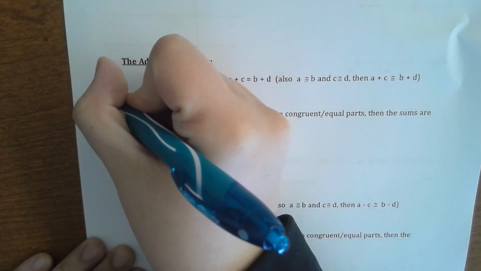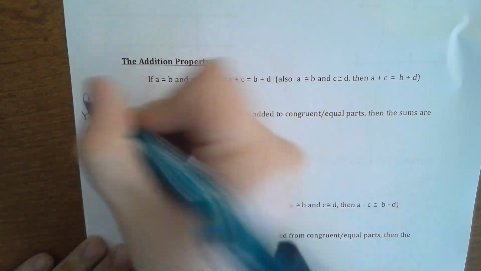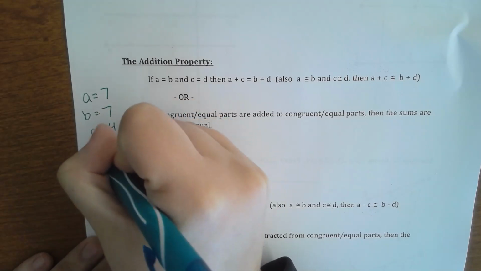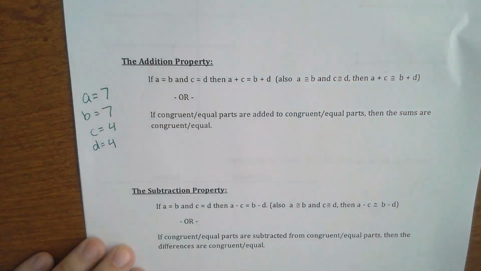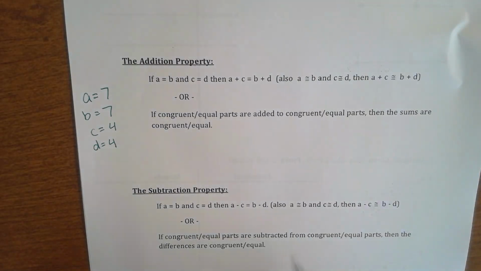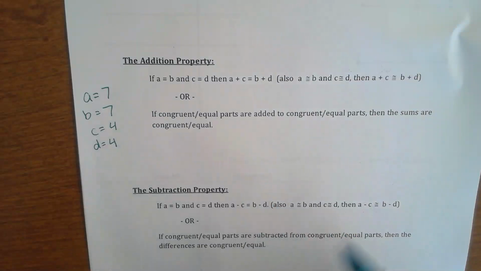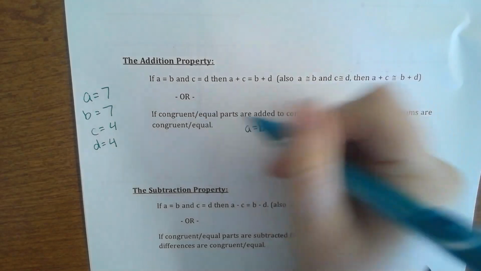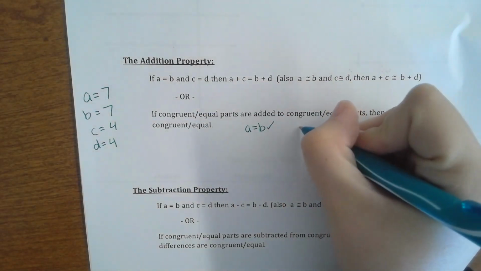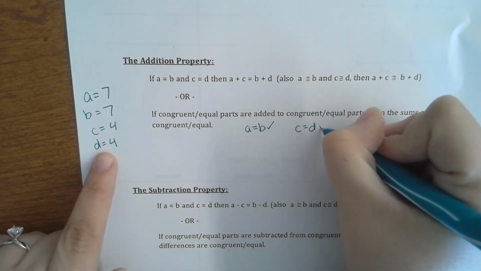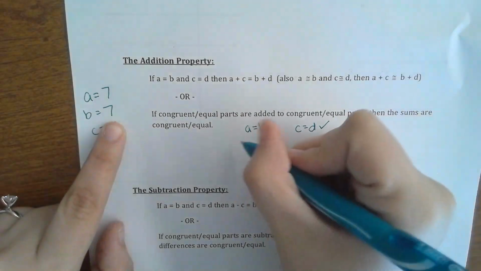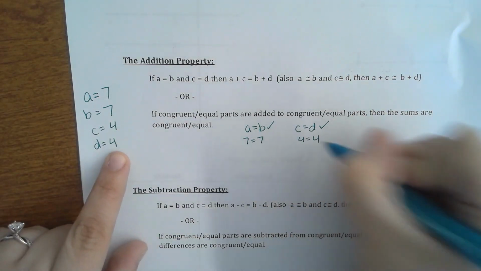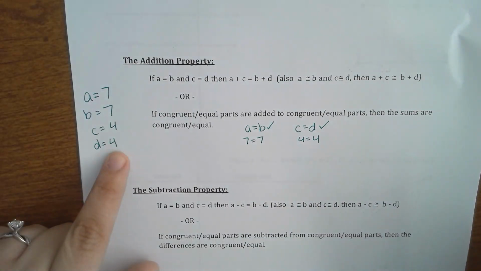If A is 7 and B is 7 and C is 4 and D is 4. So I just picked random numbers that made this true. A equals B, we were told that. C equals D, we were told that. So that means 7 equals 7, 4 equals 4. Makes sense so far.